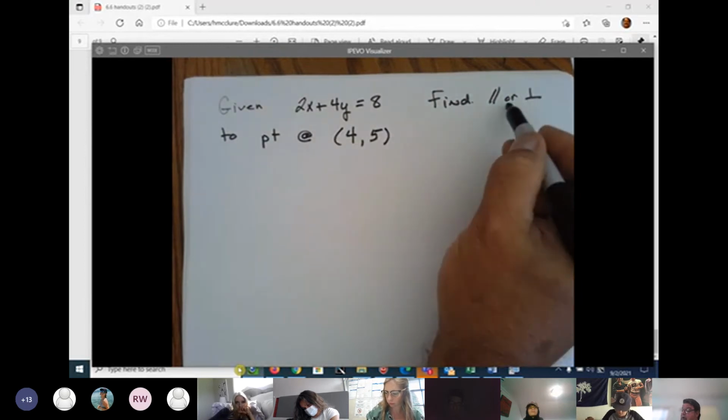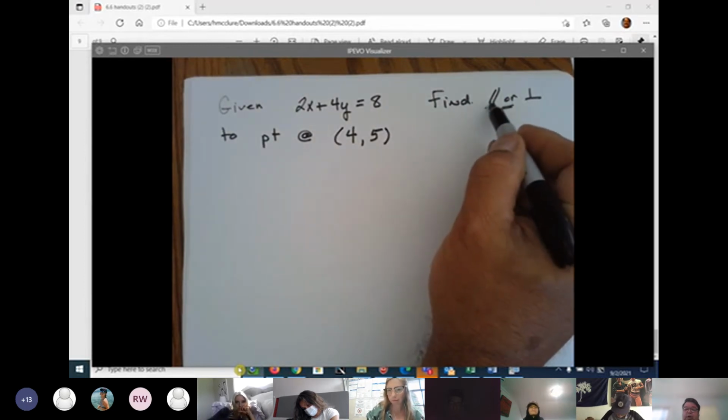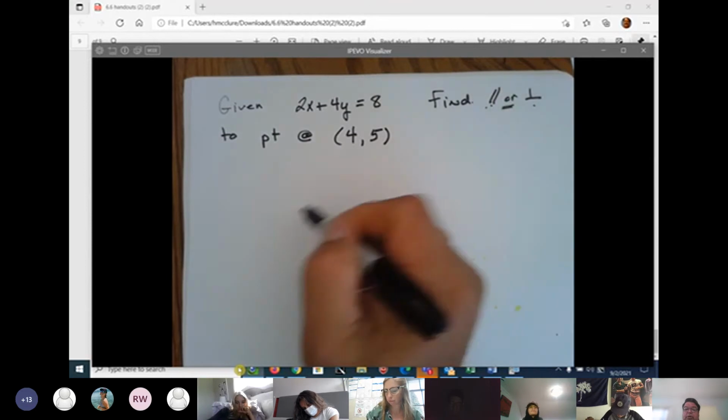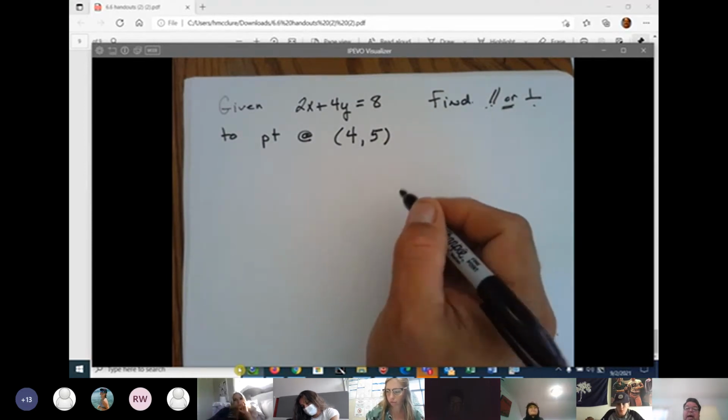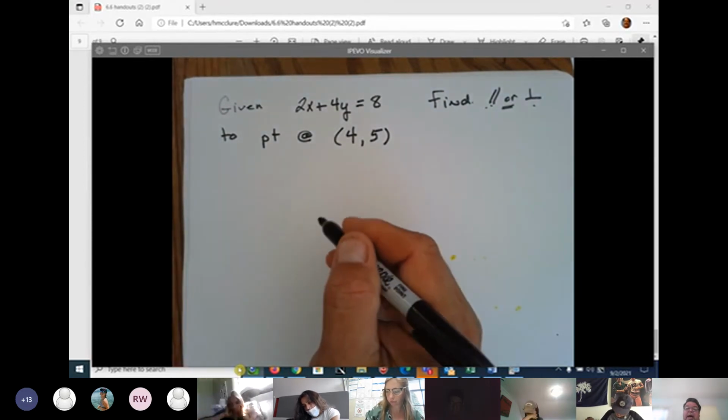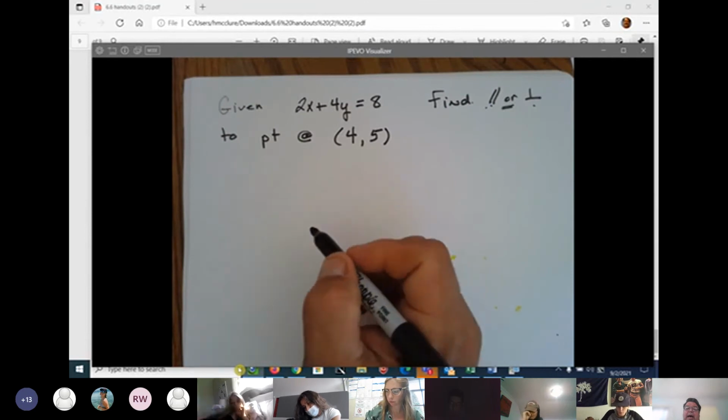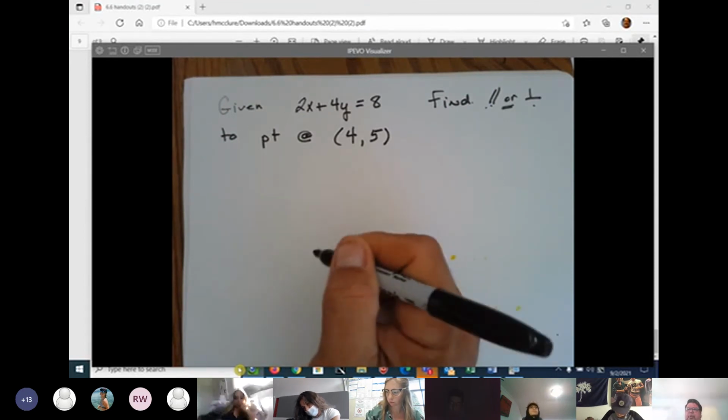Now it will say one of these, parallel or perpendicular. I do both because when I show students how to do both, then I'm killing 2 birds with 1 stone. So I'm going to show you how to do both.